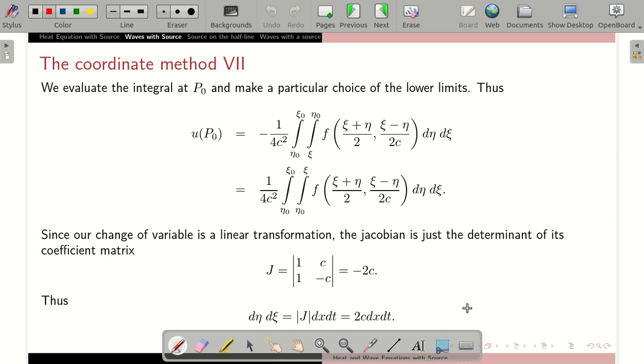Okay. So to evaluate the integral at p naught, we make a particular choice of lower limits. Since f is a function of x and t, first is x, this is t. Now I am fixing the first limit, of eta.